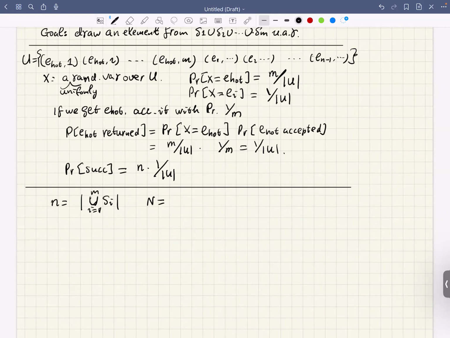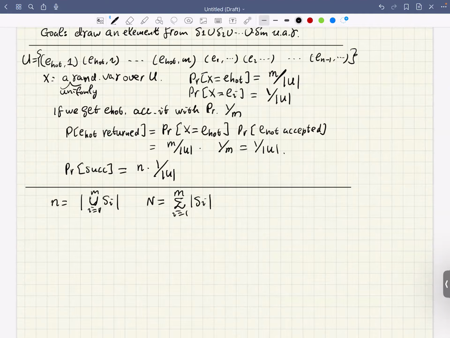So you look at the total number of occurrences. This is like one occurrence, but if there were multiple sets containing the same element, then you have multiple occurrences for the element. So the universe has the total size of this.